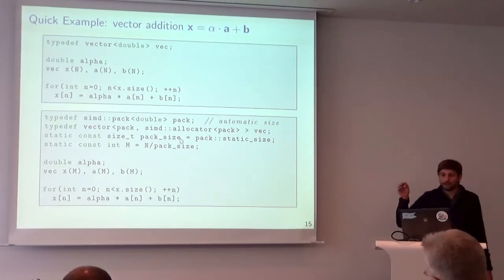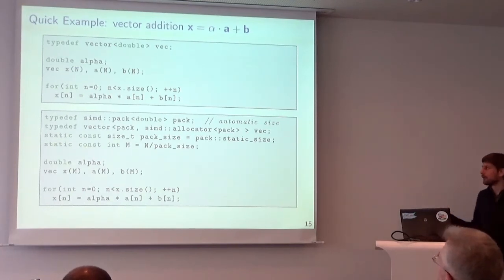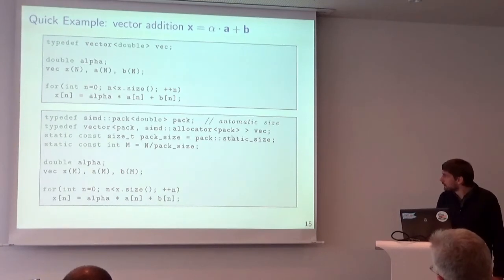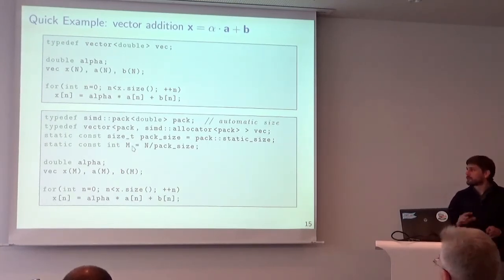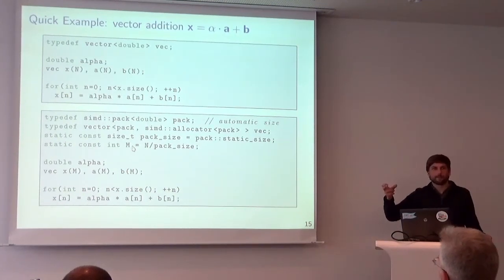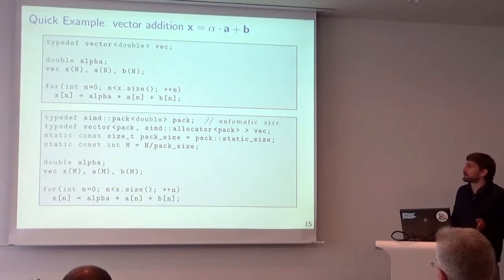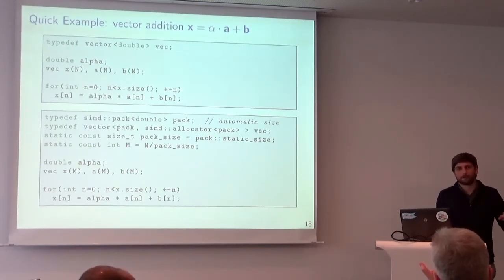I'm getting the pack at compile time because I'm not specifying it. It depends on the CPU I'm compiling for. So let me get this as a compile time parameter out here. And then because now in this pack I already have 4 doubles, my vector size now is the total number of values I want to work with divided by the pack size.